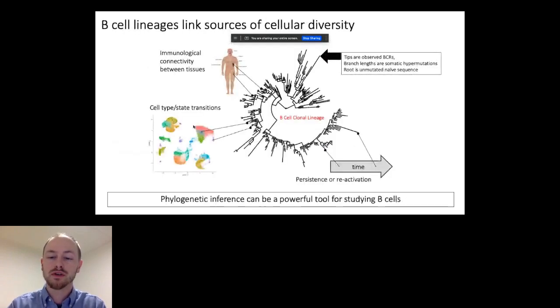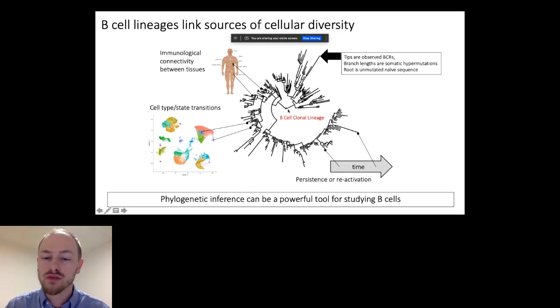The focus of this talk is B cell lineage trees. B cell lineage trees are models of the ancestor-descendant relationships we see within the tips of the tree, which are our observed BCRs. The way they work is we start at the root of the tree, which is our unmutated naive B cell ancestor.